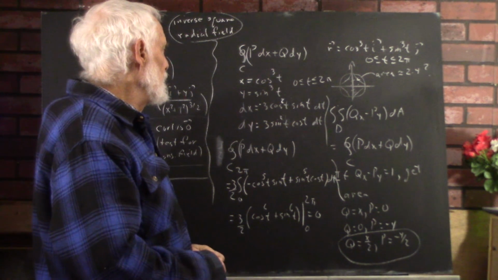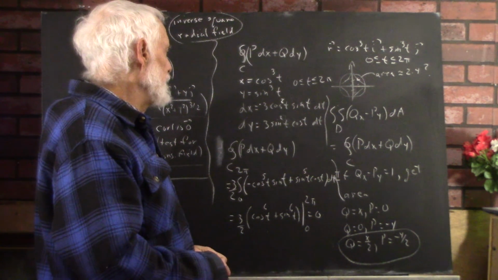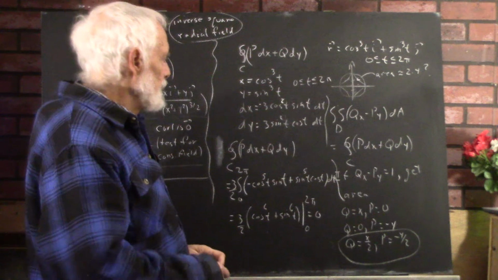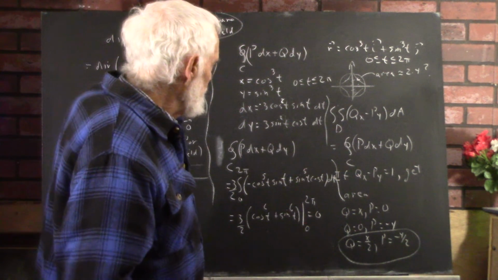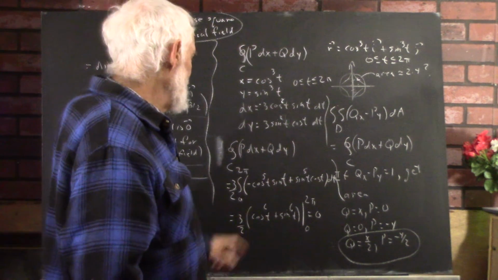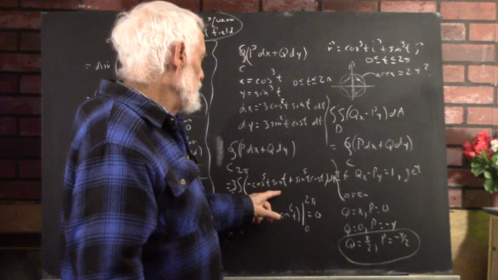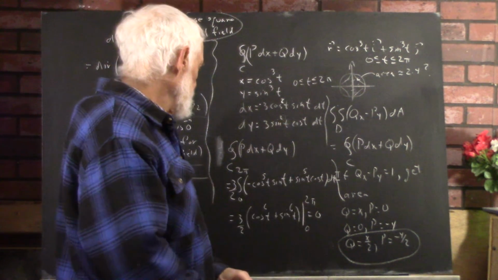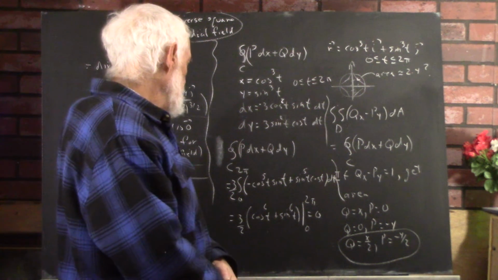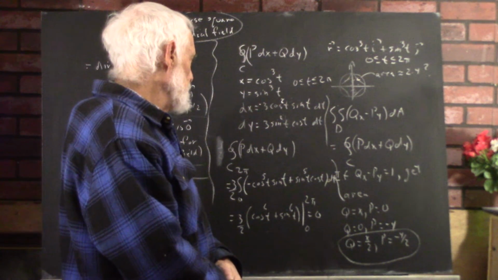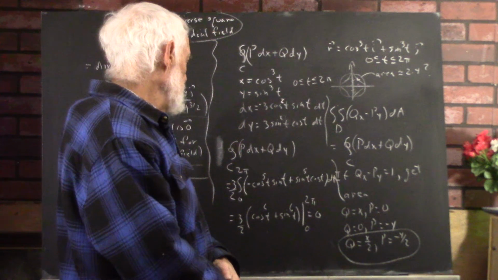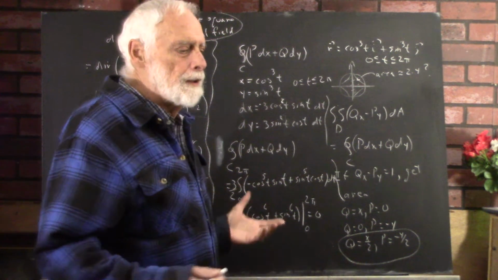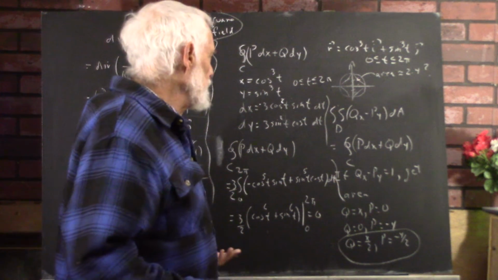The one thing that we didn't get right here is that cosine to the fifth t sine t plus sine to the fifth t cosine t is an odd function, and we should have been, in a sense, integrating the absolute value of that function.